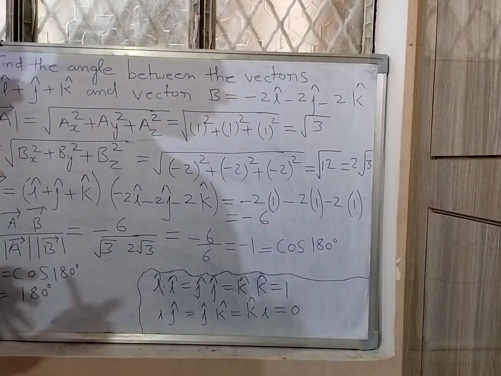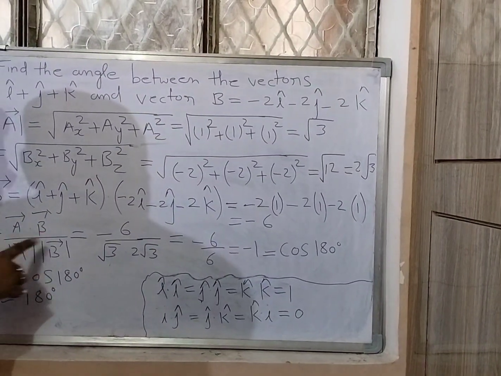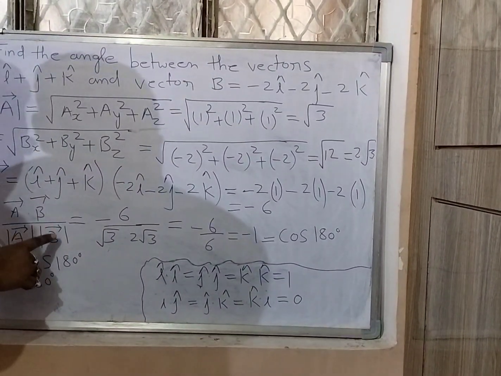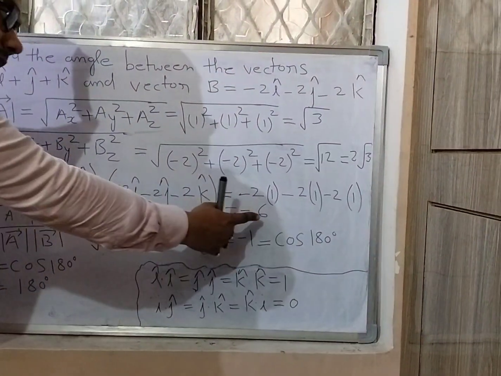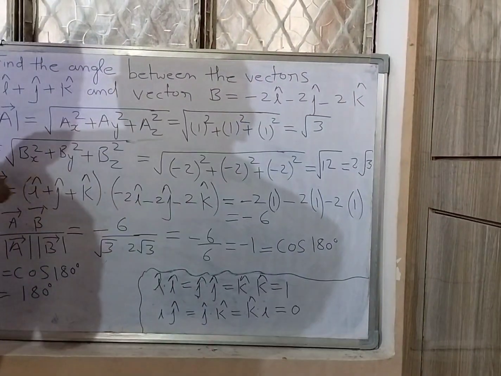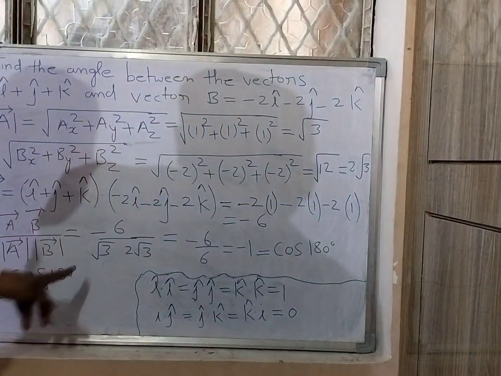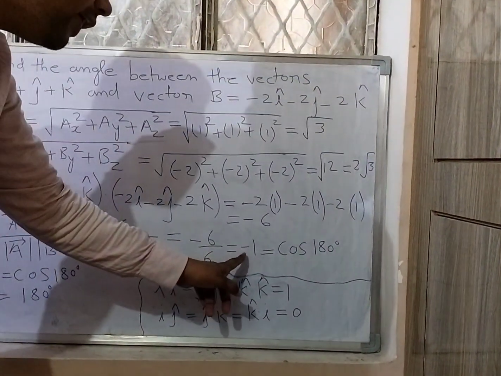Now we will put that value in the formula cos theta equals a vector dot b vector upon a vector mod into b vector mod. So a vector dot b vector value is minus 6, and a mod value is root 3, b mod value is 2 root 3. We have put all the values, and what value will come?